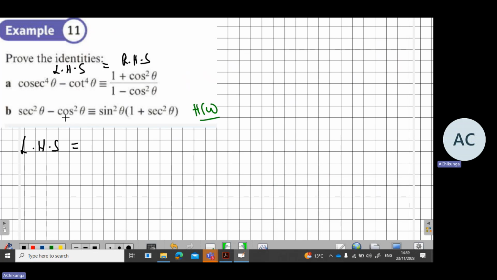The left-hand side is going to be equal to cosec to the power of 4 theta minus cot to the power of 4 theta, just like that. So you've got to present your argument in that manner, not just write randomly. I expect students to write it in this order.